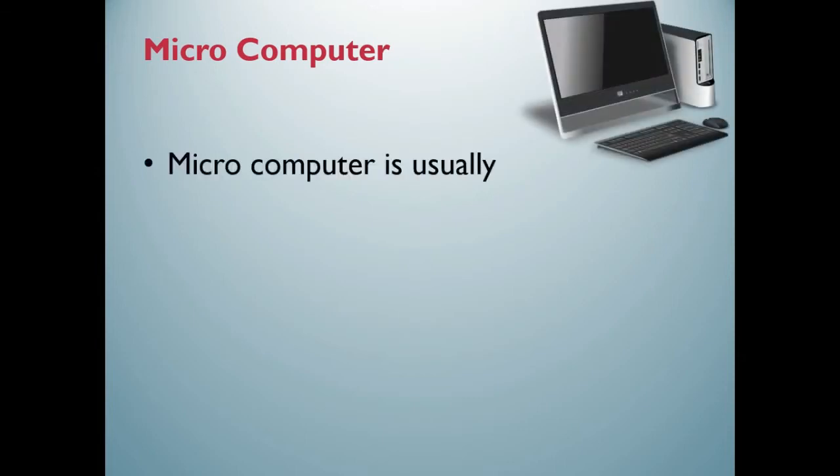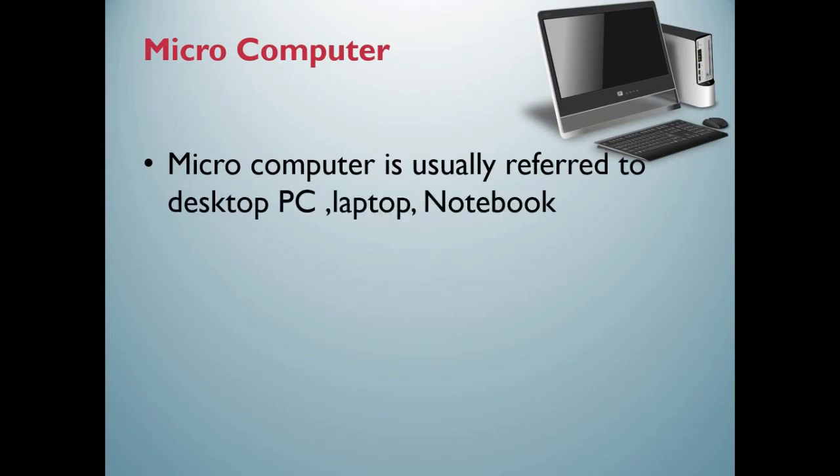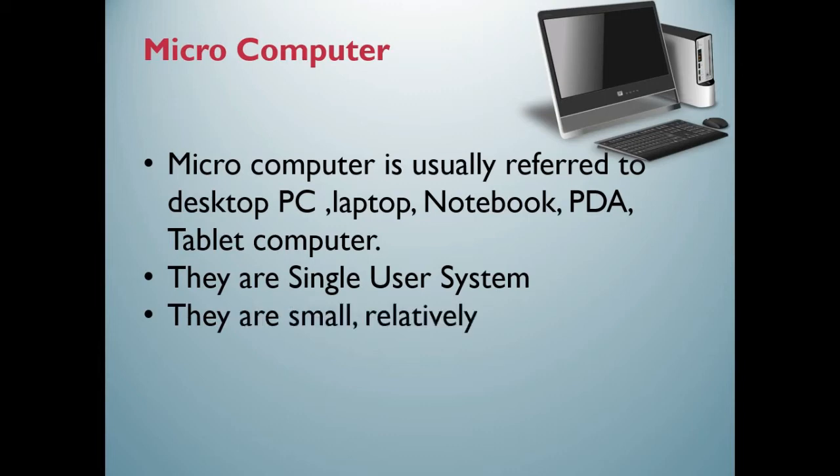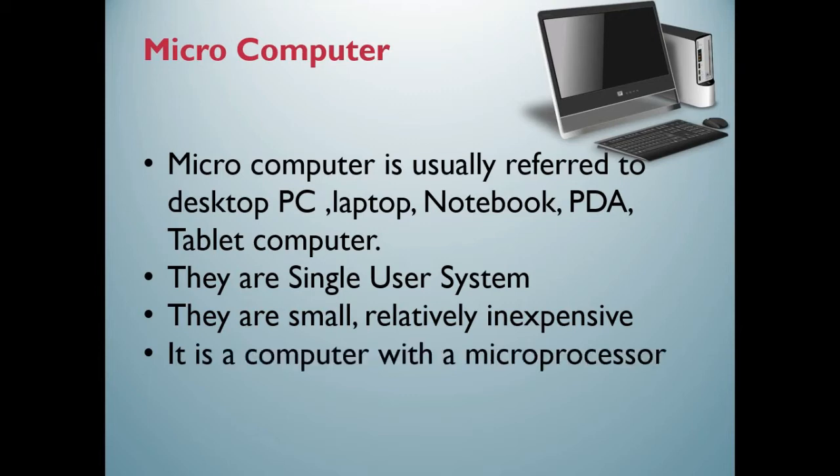The microcomputer usually refers to the desktop PC, that is personal computer, laptop, notebook, PDA and tablet computer. They are single-user systems. They are small and relatively inexpensive. It is a computer with a microprocessor as its central processing unit.